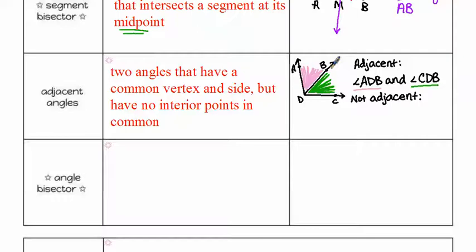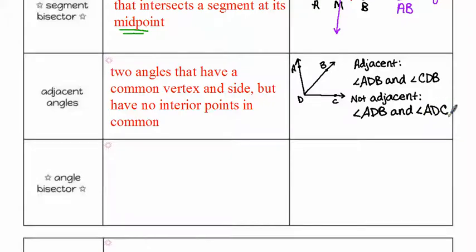Now let's look at an example of what non-adjacent angles are. So let's take off some coloring here. Take off the green, take off the purple. And let's look at non-adjacent angles. I'm going to start with the same angle ADB. And this time I want to use as its other pair ADC.